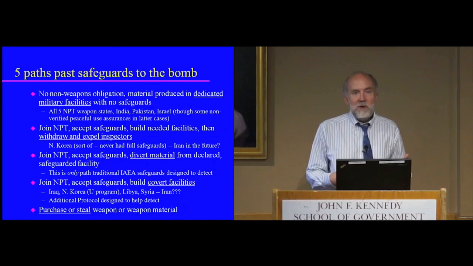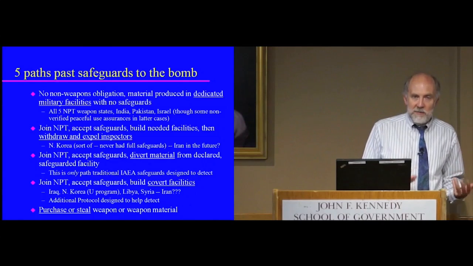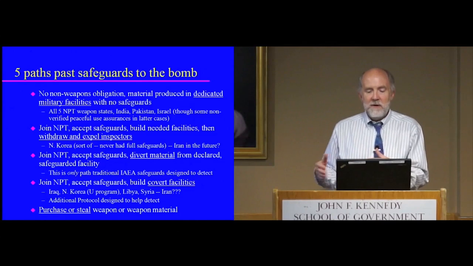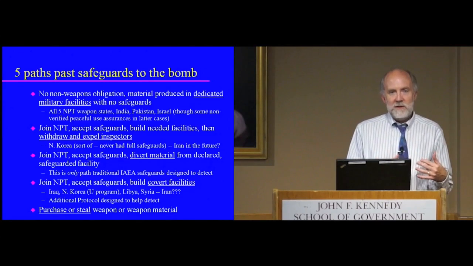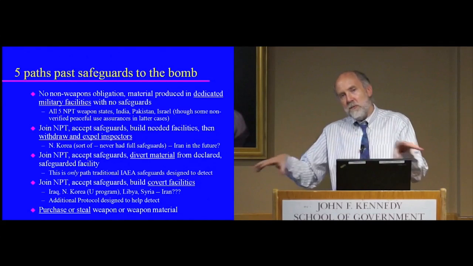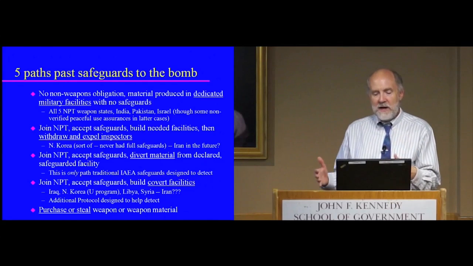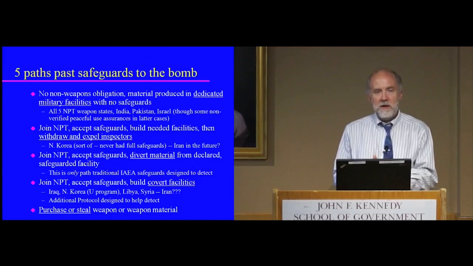Another possibility would be to join the Non-Proliferation Treaty, to accept safeguards, and then divert material from a declared safeguarded facility. So that's really the only one of these pathways that the traditional safeguard system was designed to be able to detect.